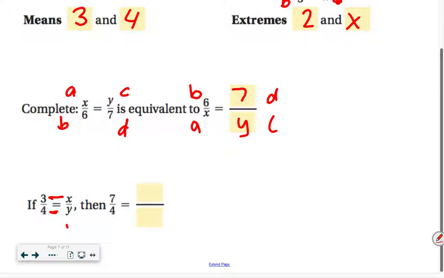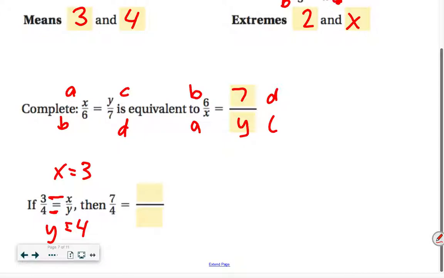So what is our X equal? 3. And what is our Y equal? 4. Since both of our variables are in the same fraction, I can just match up to the numbers next to it.